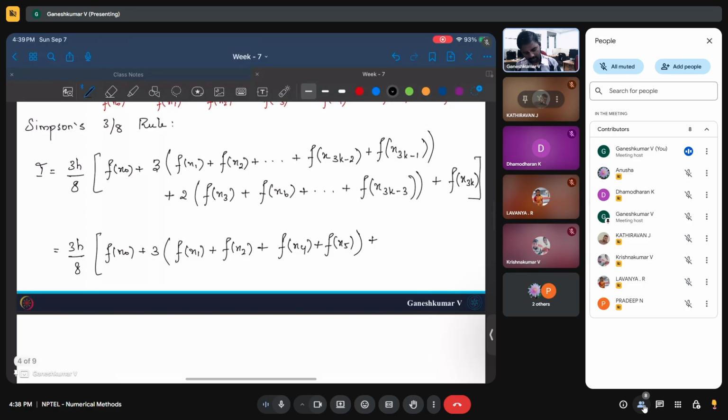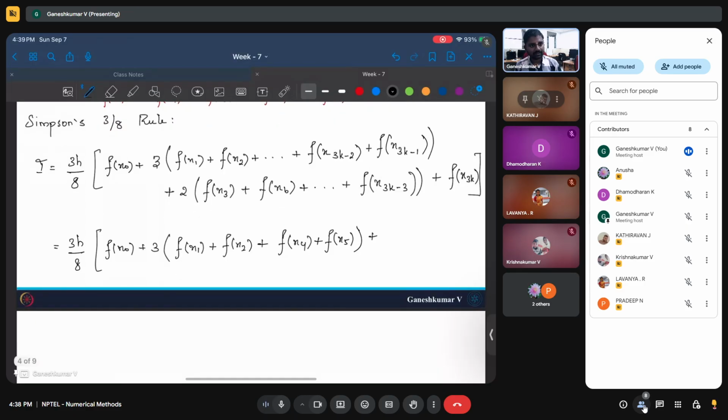Your k is 2, so 6 minus 3 is just 3, so you will have only 2 times f of x3, and the final one will be simply f of x6.